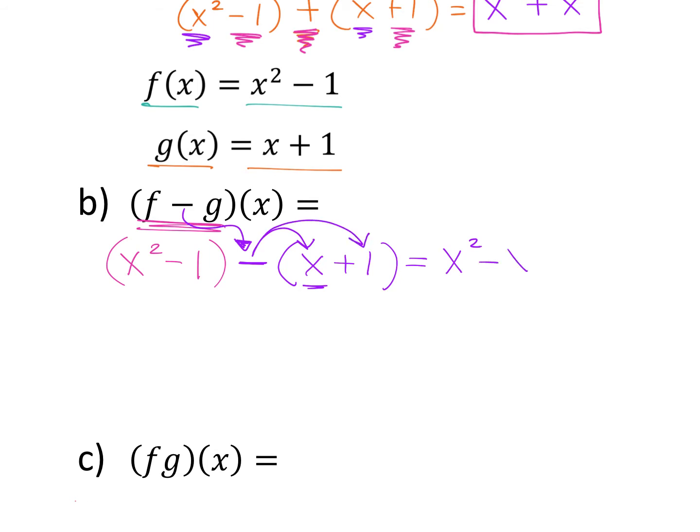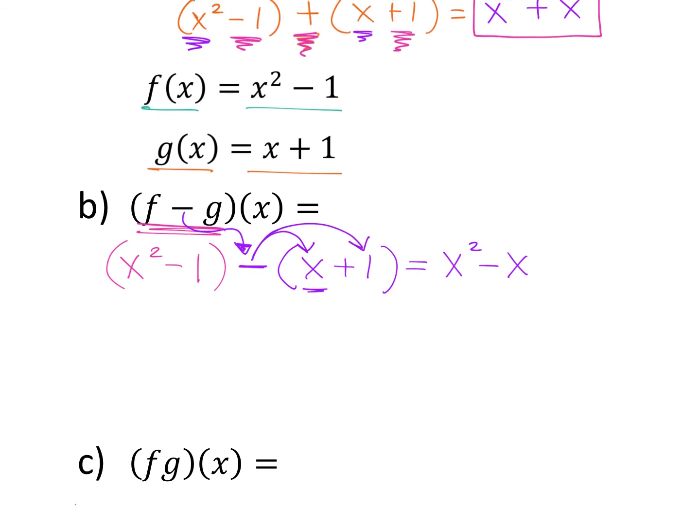So this is x squared minus x. Then what? Minus 2, right? So this is a negative 1 and a negative 1, right? So negative 1 minus a positive 1, if you want to think of it that way, is negative 2, and you're done.